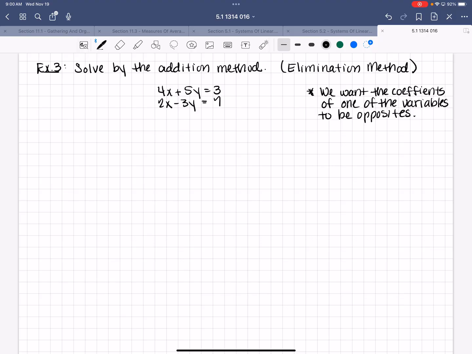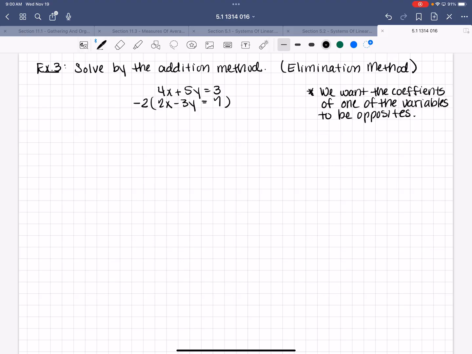What can I multiply by to make that positive 2x turn into a -4x? 2 times what gives me -4? -2. So I'm just going to take this right here, and I write on the problem, okay, I'm going to multiply him times negative 2.